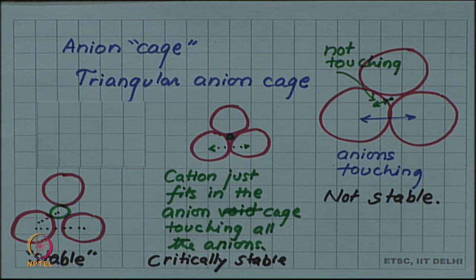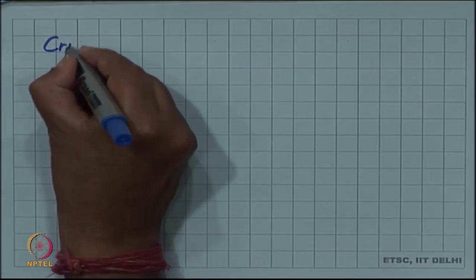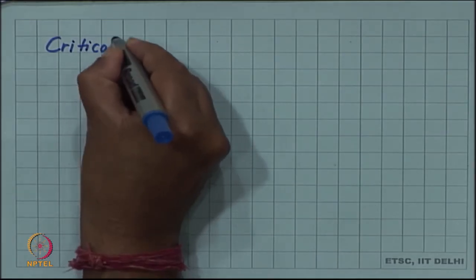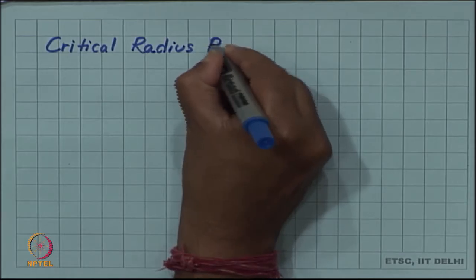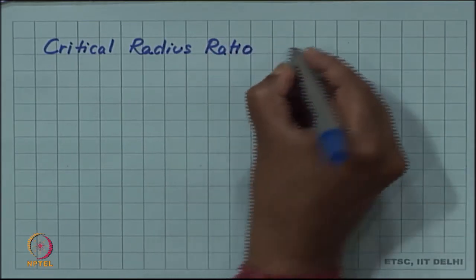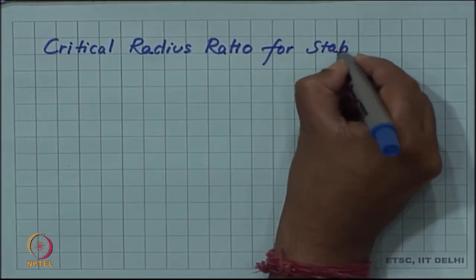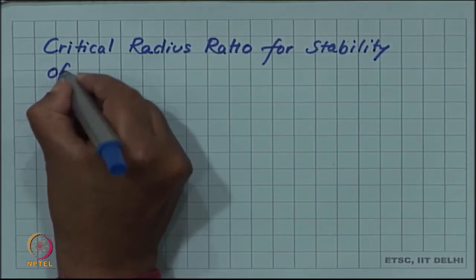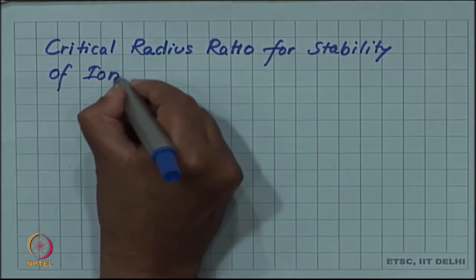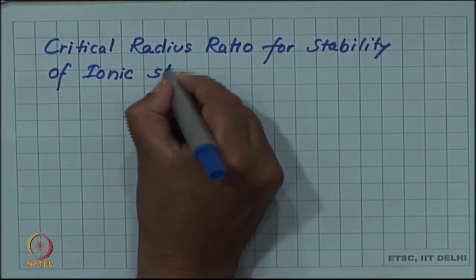So, which means I can think of a critical radius ratio for stability of ionic structures.